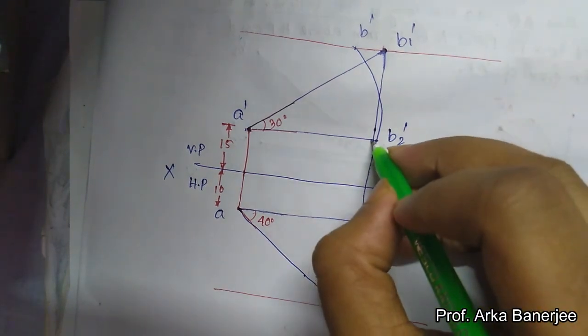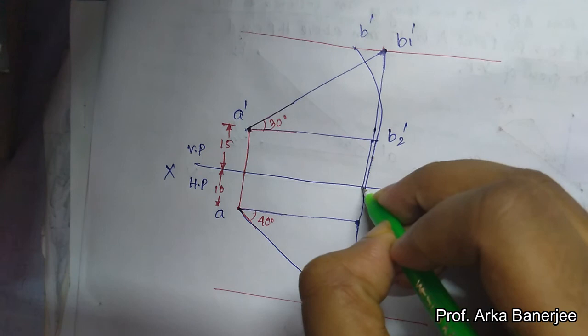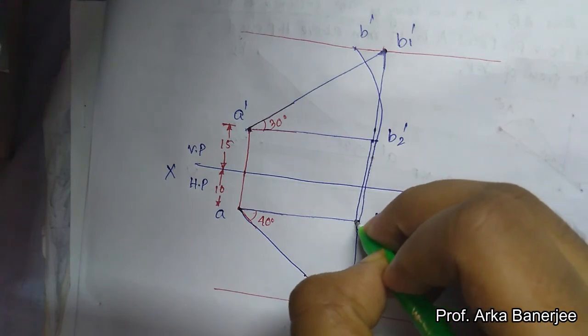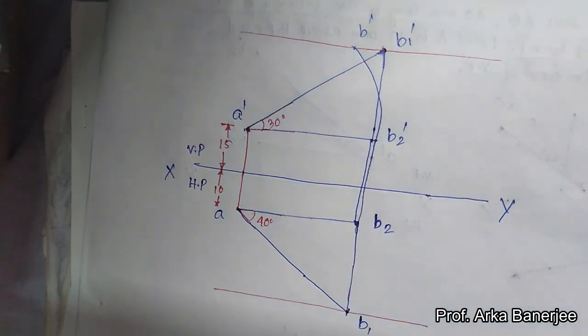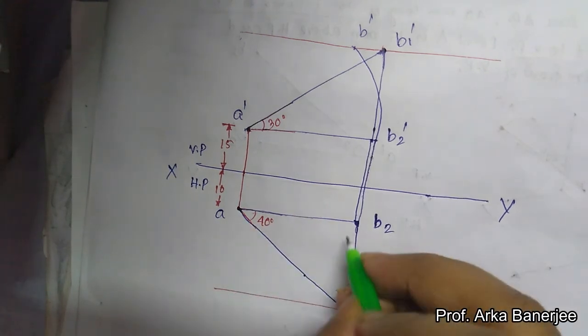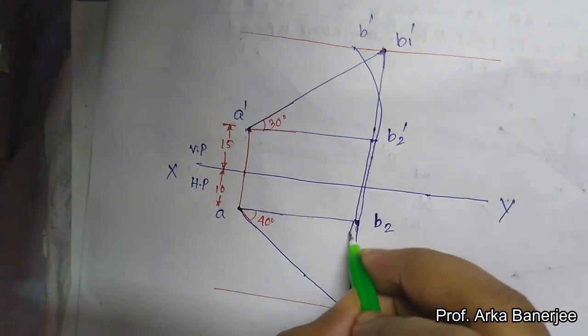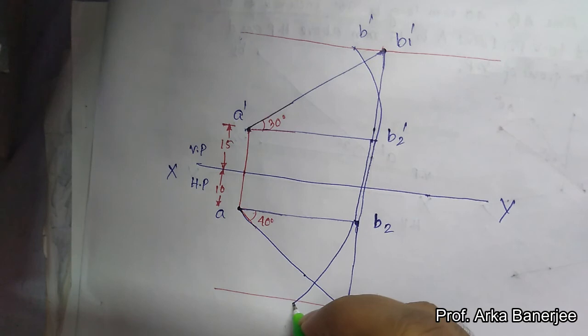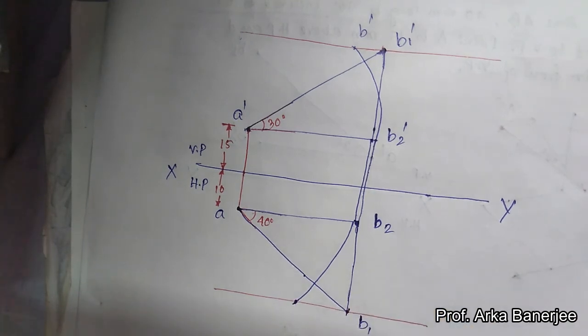In similar manner, you extend this line up to A B2. Again you make A as center and take the arc to intersect this particular line. You can write this is path of B1.